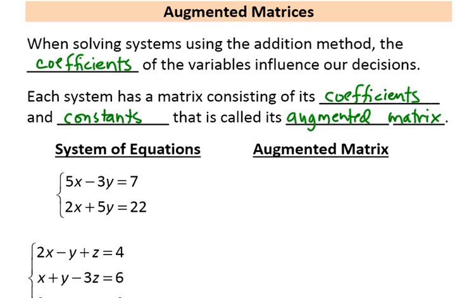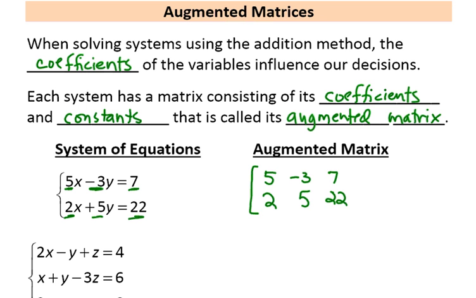5x minus 3y is 7, 2x plus 3y is 22. When we write a matrix, I didn't really point that out in the first video, we put it in a bracket that looks like this. So I'm just going to write the coefficients. That would be a 5, a -3, and a 7, and then 2, 3, and 22.